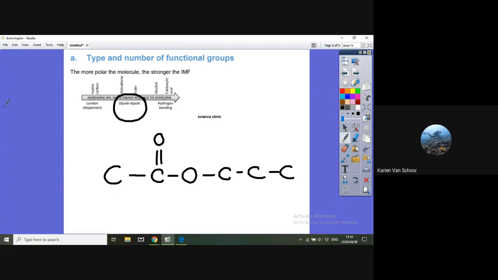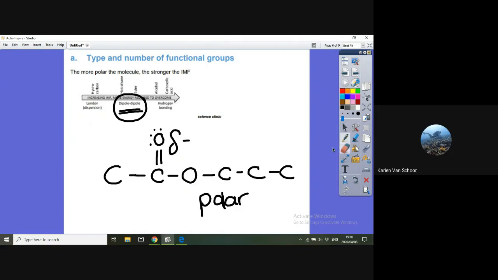Here again, we have the O with its lone electrons and also high electronegativity towards those two shared pairs. So this side, where the O is, will be delta negative. Remember, this is a flexible molecule. It doesn't necessarily form a straight line like this. But the side where the oxygen is will be delta negative, again making it a polar molecule and giving us a dipole-dipole intermolecular force.